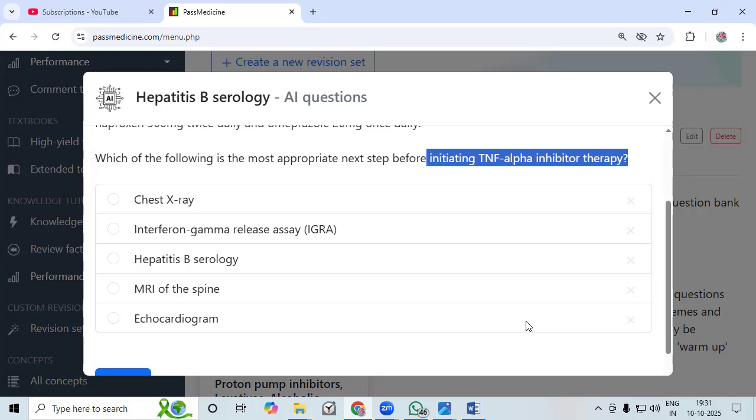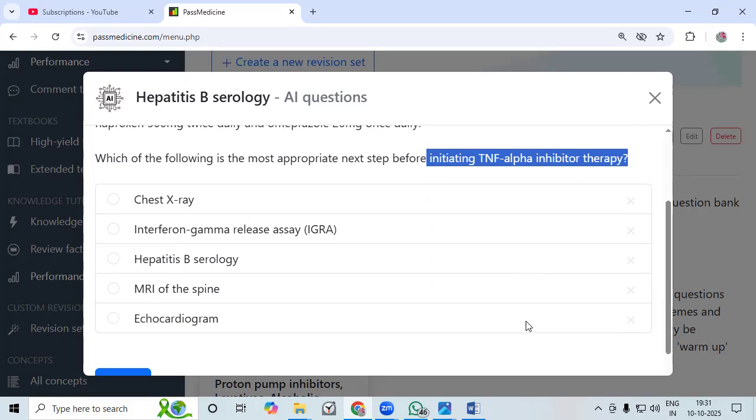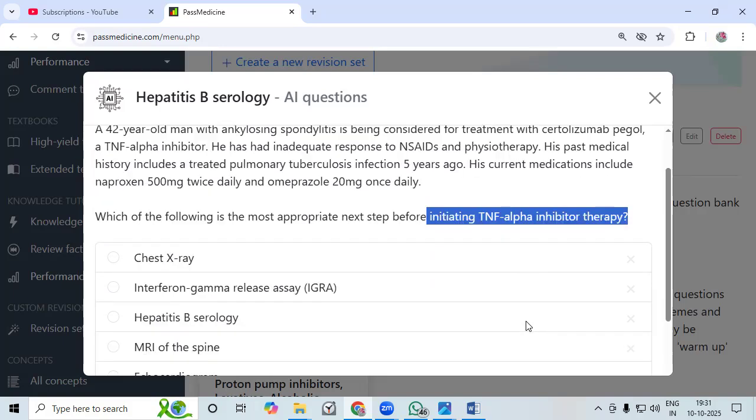Like in the past, the patient was having tuberculosis. Then I think we should first screen again with a chest X-ray. I'll tell you one thing. What will happen to a person who has resolved tuberculosis, suppose in 2020, and you check his chest X-ray after 3 years?